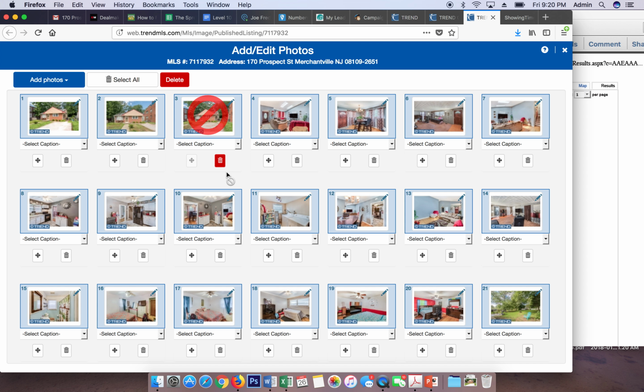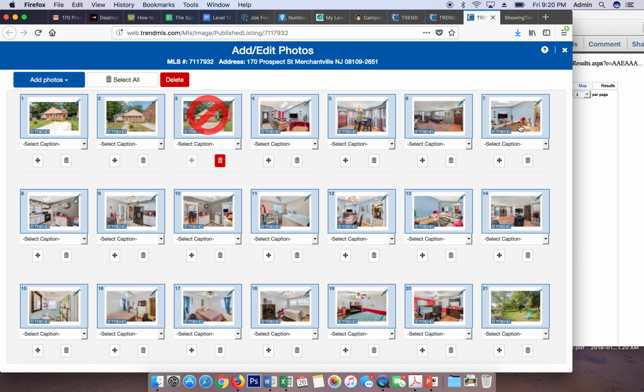Now, when you put these photos into Trend, they have to be in order. When you're going through the house, you want to make it make sense to the people. The way it's set up right now, it's out of order. You have the front door, which is perfect for the interior, but then you have the dining room, and then the family room, which is a completely separate area.